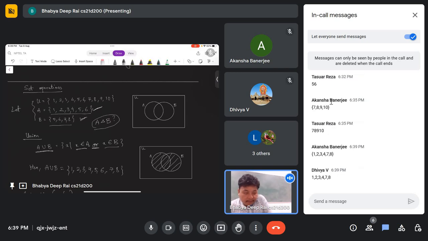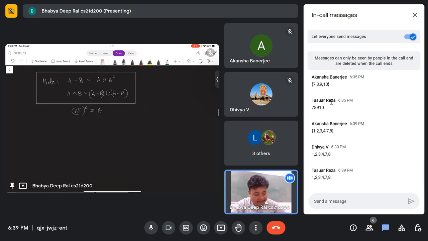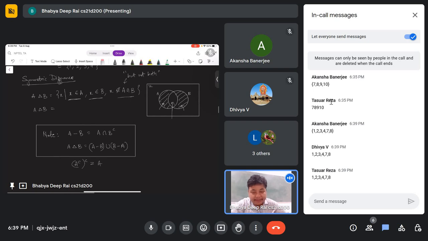1, 2, 3, 4, 7, 8. Divya and Akanksha say 1, 2, 3, 4, 7, 8. Yeah, good. The idea, looking at the Venn diagram, we can clearly see that as long as we can remove all the shared elements, we'll get our answer.